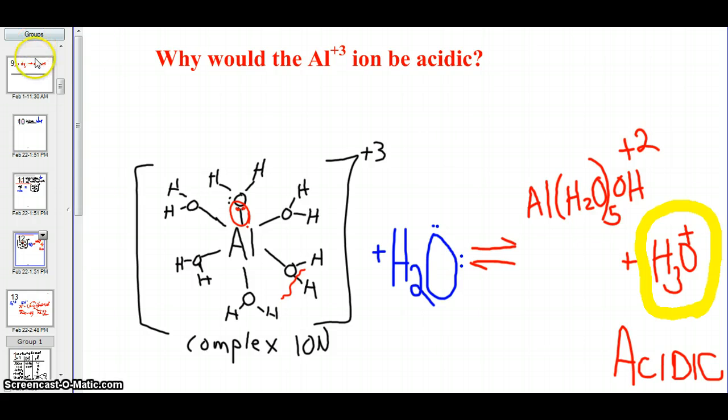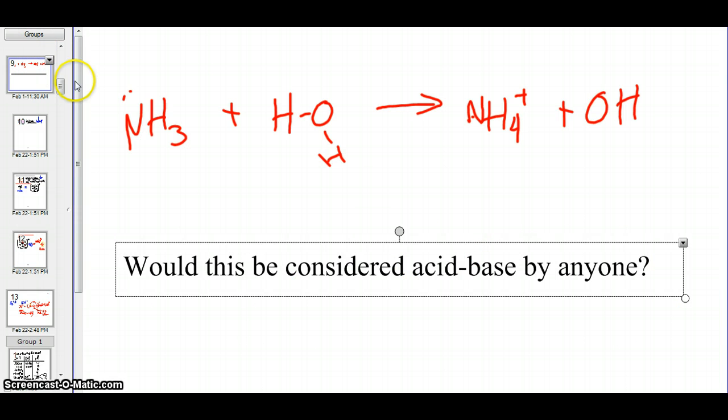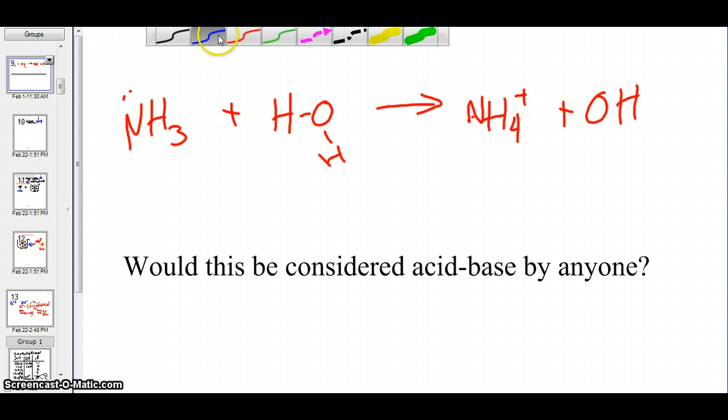Okay, so final question. What about this one? If you look at this equation, and I guess I should have drawn a second arrow here, according to whom would ammonia be considered an acid or a base?